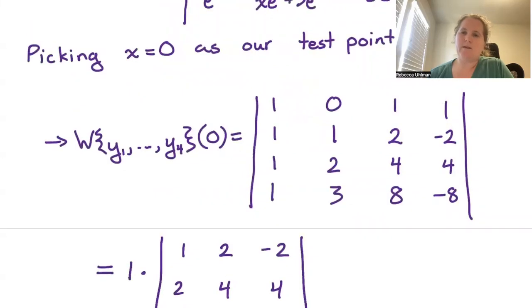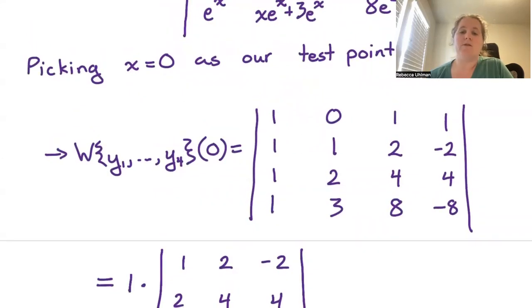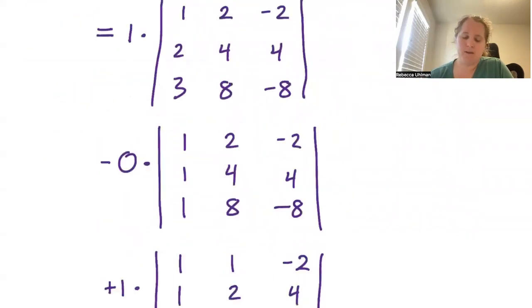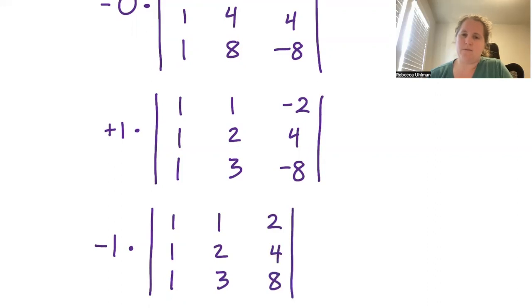And then we will subtract off that last position as 1, and we will multiply by the determinant of the matrix where we eliminate the first row and fourth column. So we'll have minus 1 times the determinant of 1, 1, 1, 1, 2, 3, and 2, 4, 8 as our columns.